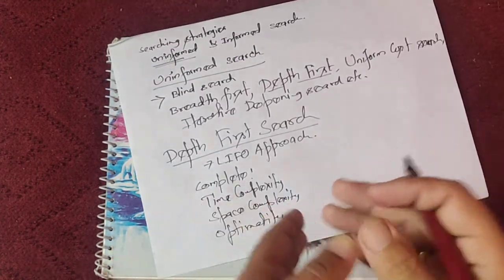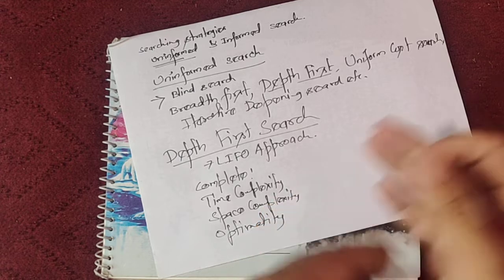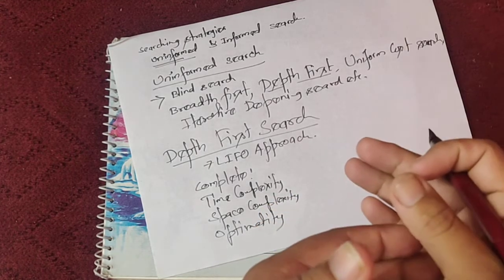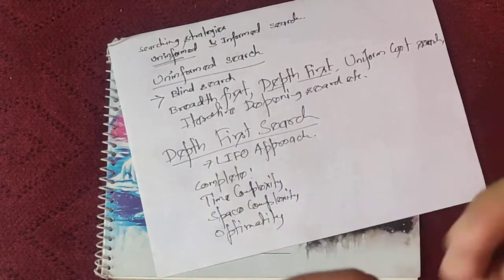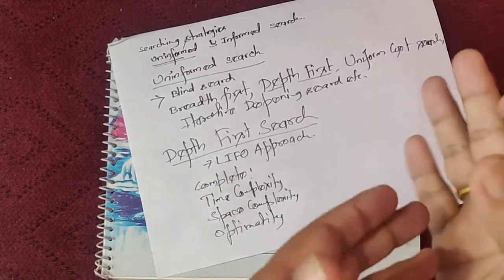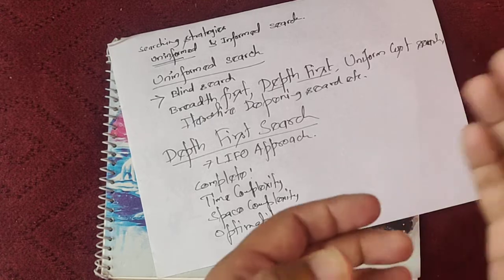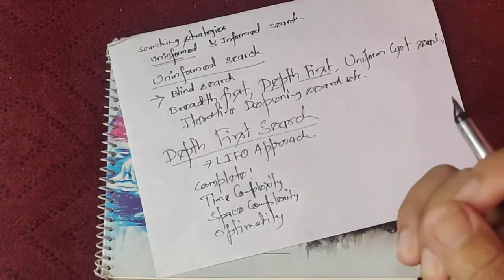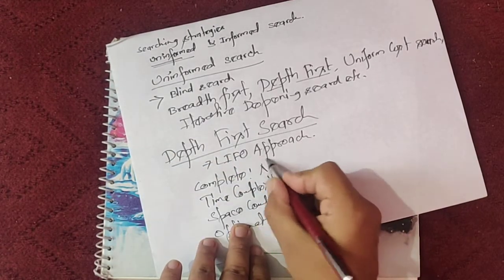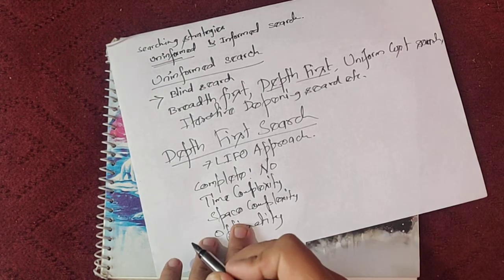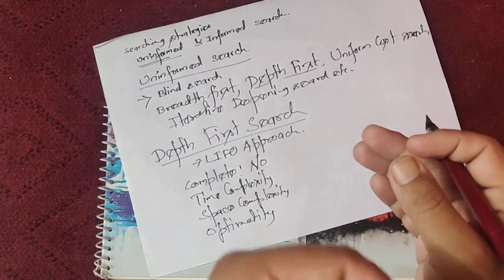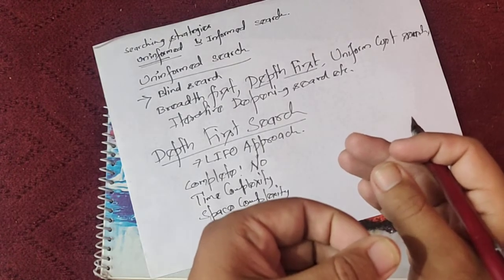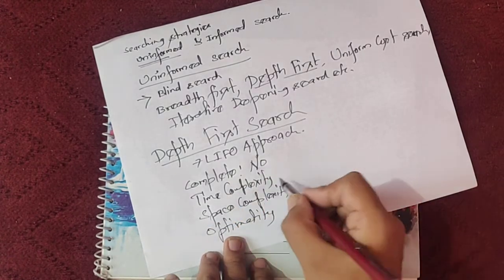Since it moves to the deepest unexpanded node, it is not complete, as it fails in infinite depth spaces or spaces with loops. It may be complete if it is in finite steps, but in general it is not complete.